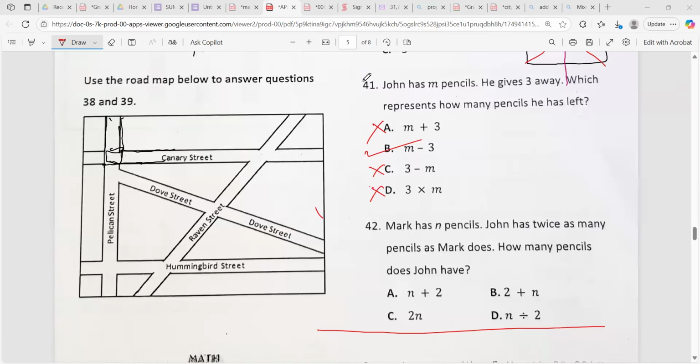It cannot be B. It's basically the same thing as A, but in the commutative property. It cannot be D because you're doubling it, which means you're multiplying it, and D is a division question. So the most accurate answer is C, because when a number and a variable are beside each other, that means it is multiplication.